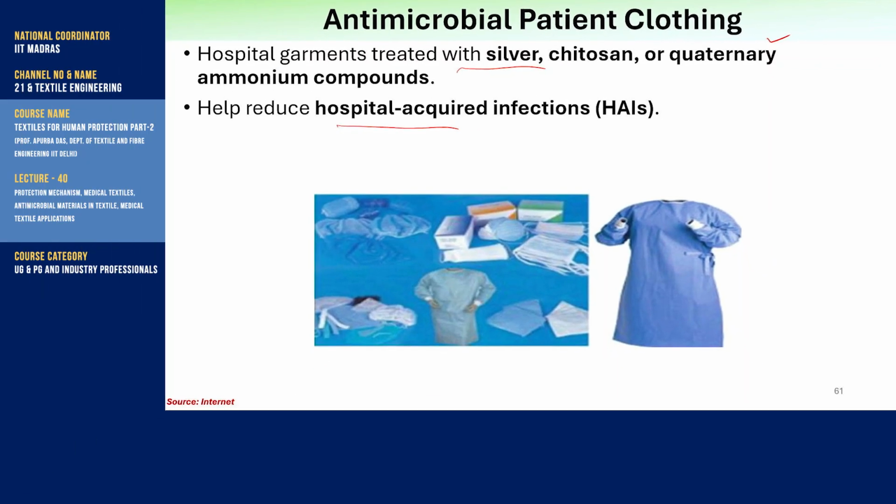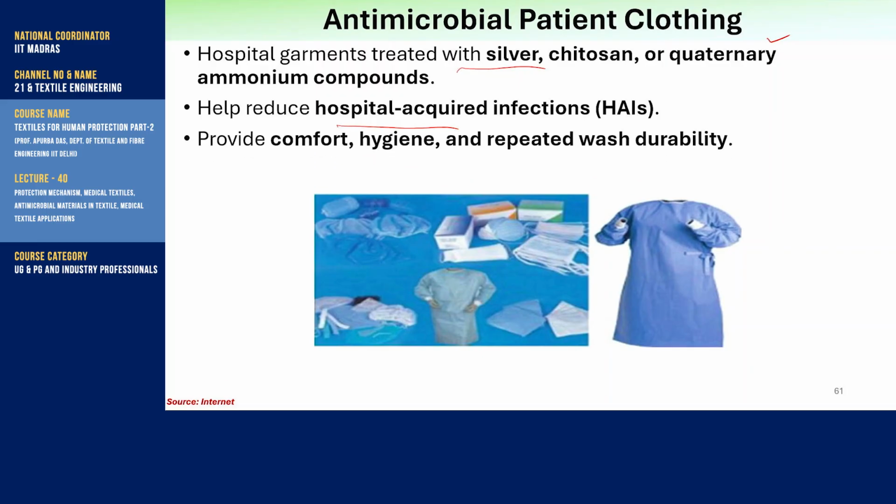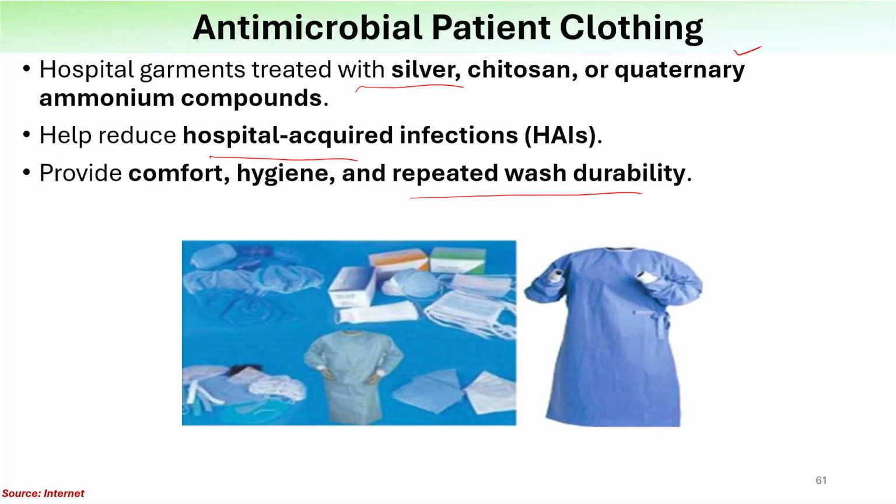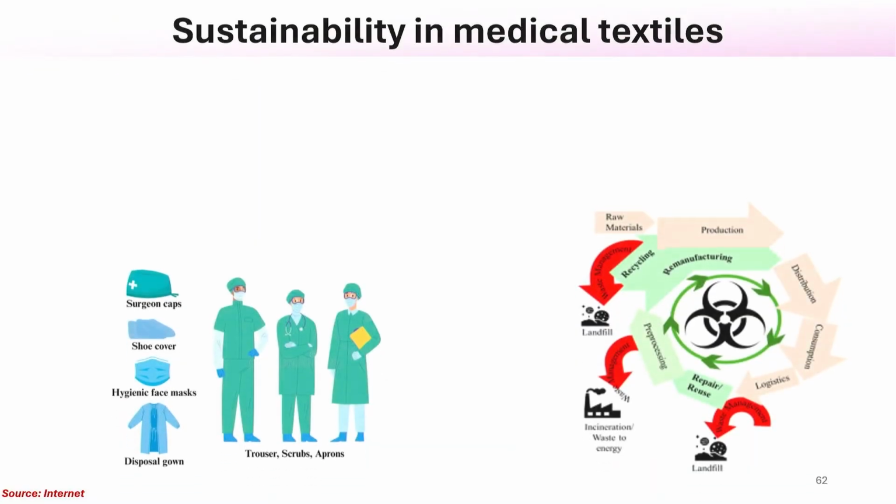From the hospital, the patient should not bring any other infection. So, for that, antimicrobial or antiviral fabrics are required. It provides comfort, hygiene and repeated wash durability. Typically, these fabrics are of woven structure.